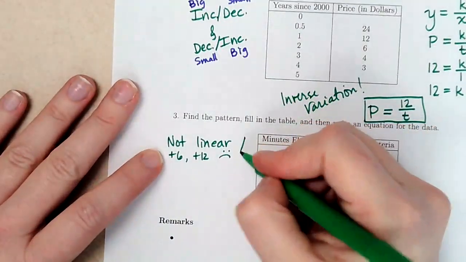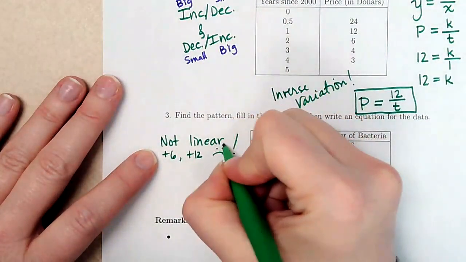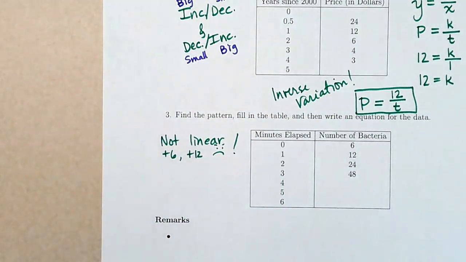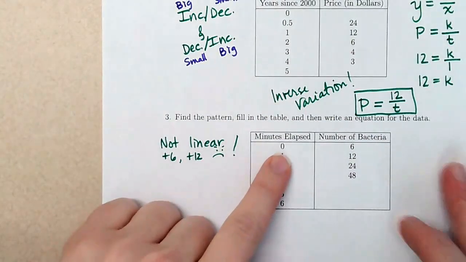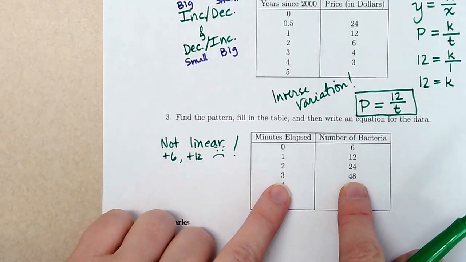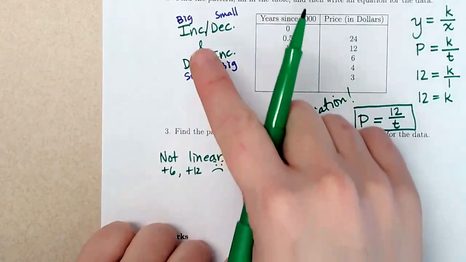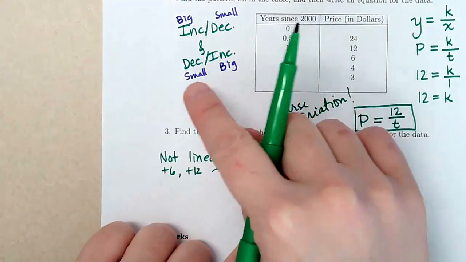Okay, got it. Not linear. And then I have to see if it's small, big, big, small. Small, big, small, big, small, big, small, big. So no, it is not big, small, small, big, or small, big, big, small.